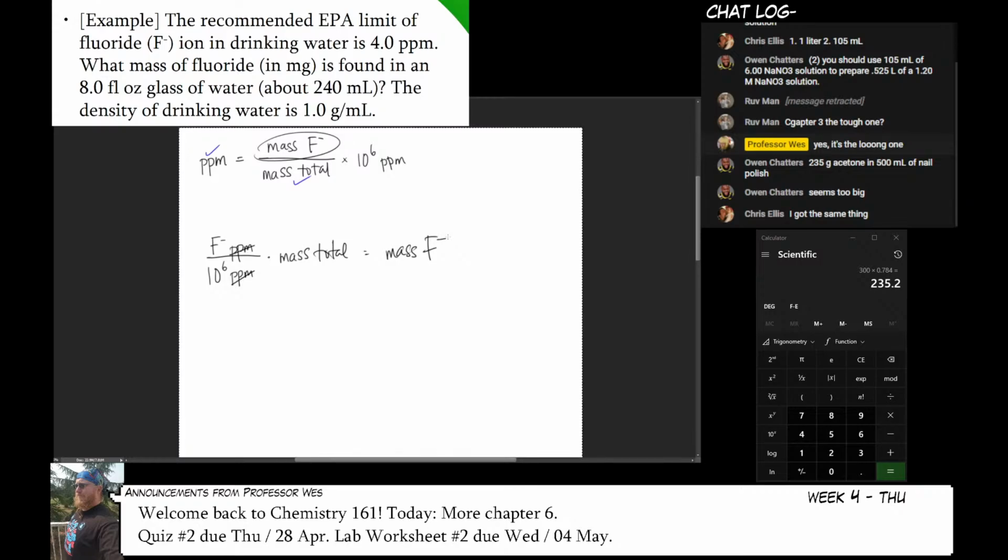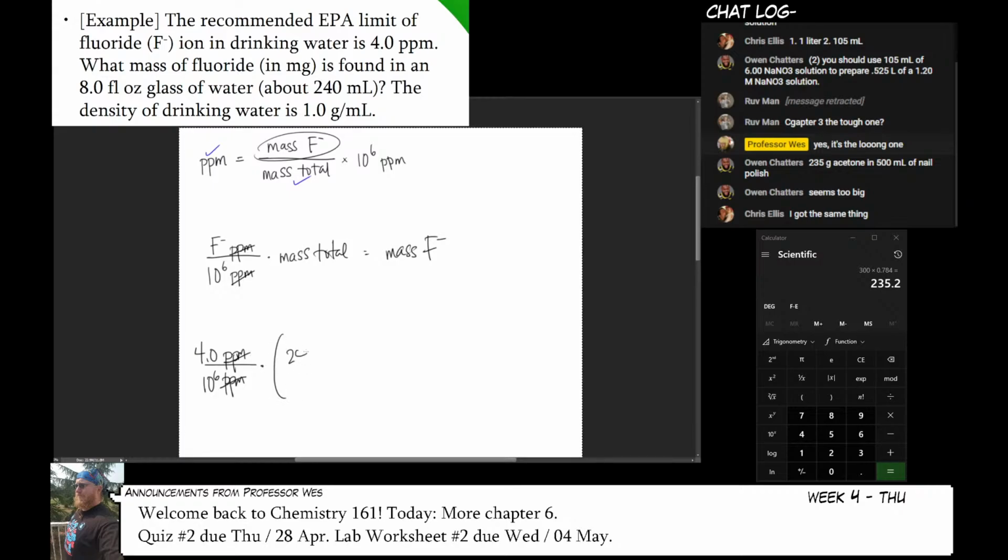We can find the mass total by just calculating the volume times the density. So we'll do that. So the fluoride mass was, we said, 4 parts per million, so 4.0 divided by 10 to the 6 times the mass total. So this in the parentheses will be our mass.